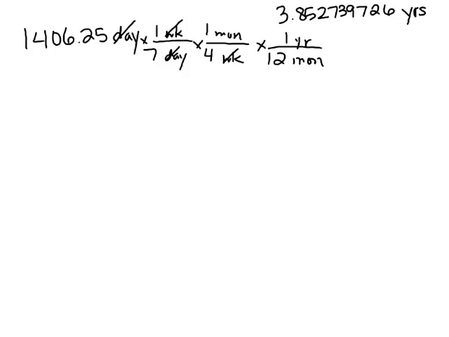Okay, so do that on the calculator and see how close they are. So 1406.25 divided by 7, divided by 4, divided by 12 equals 4.185267857.